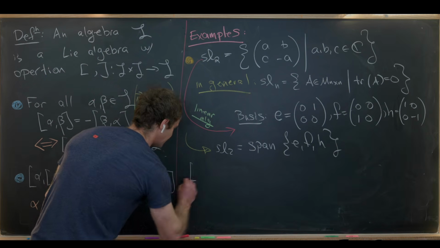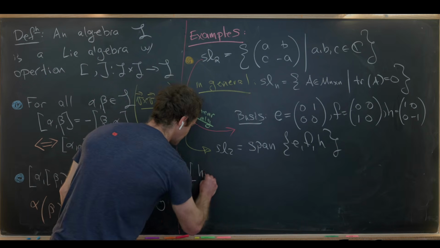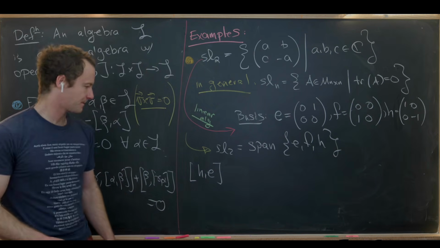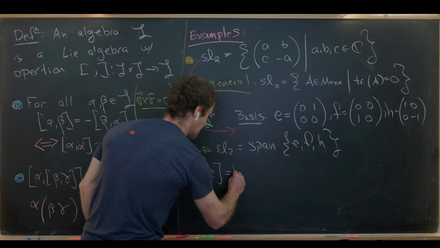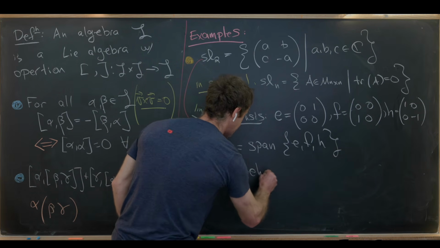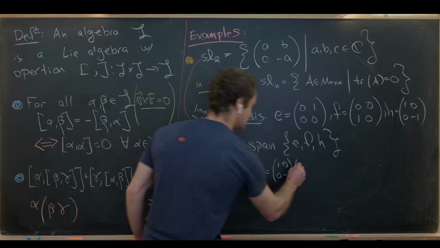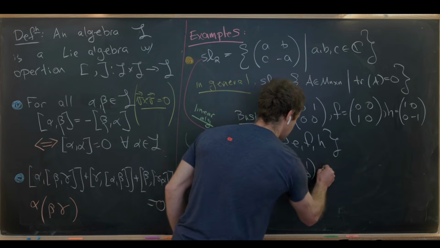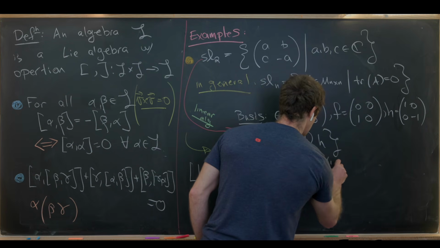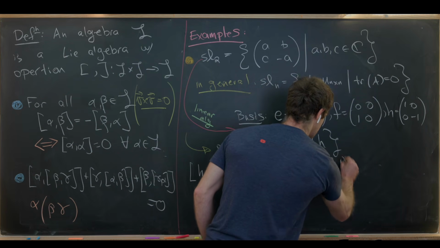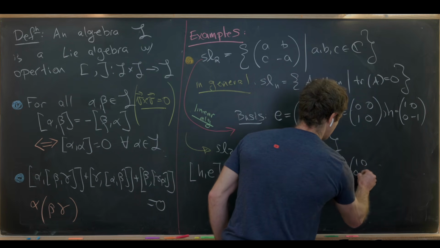So let's calculate first maybe H with E. Notice that'll be HE minus EH. So that's 1, 0, 0, minus 1 times 0, 1, 0, 0, minus 0, 1, 0, 0 times 1, 0, 0, minus 1.